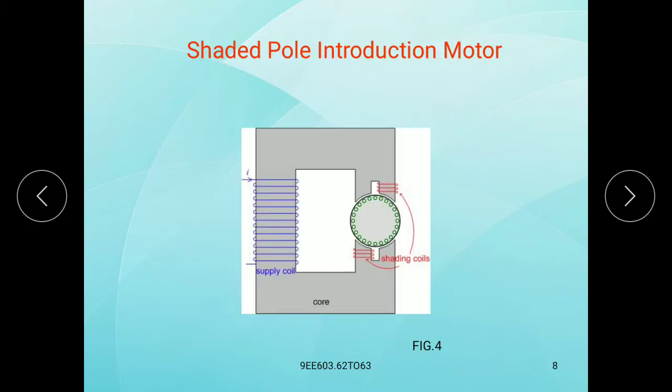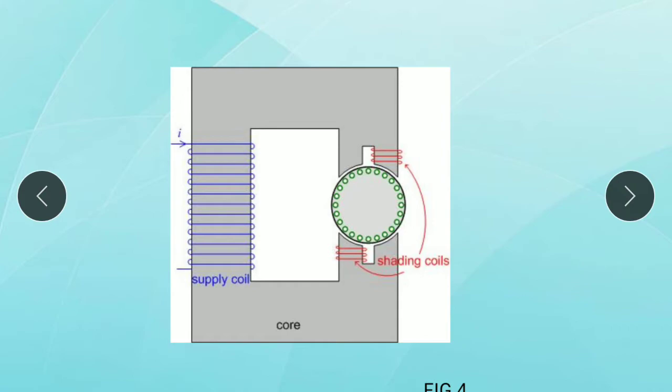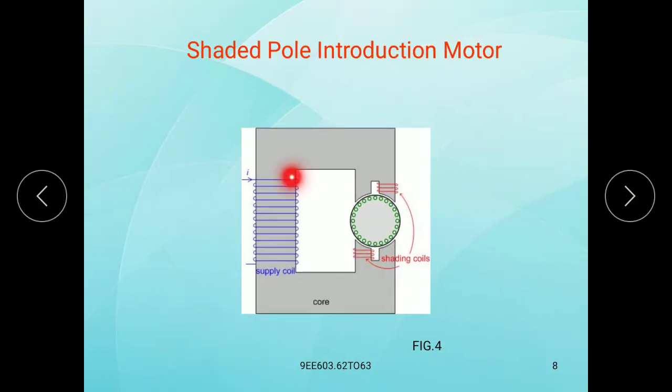See this one. These are the shaded poles. Here this is the supply. This is the shading coil and this one is also a shading coil.